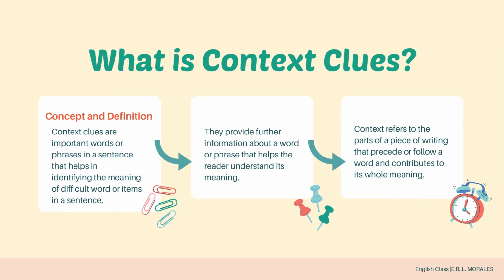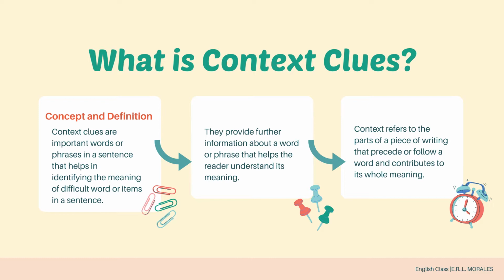So what is context clues? When we say context clues, these are important words or phrases in a sentence that help in identifying the meaning of a difficult word or items in a sentence. They also provide further information about a word or phrase that helps the reader understand its meaning.